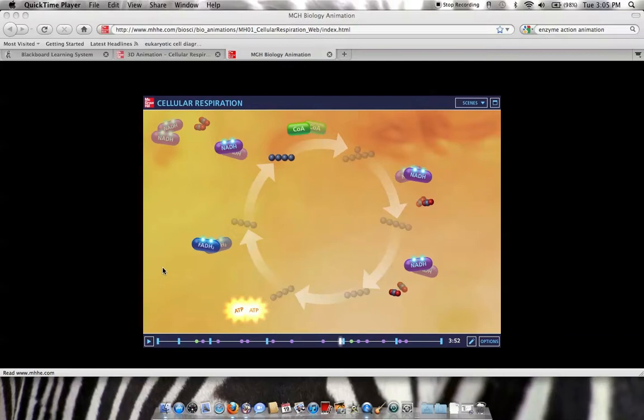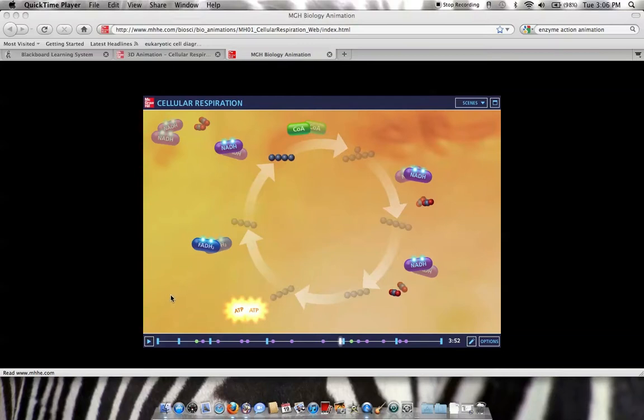So far we have shown that glycolysis produces 2 ATPs. The citric acid cycle produces 2 ATPs, and so we're going to move ahead into the electron transport chain.